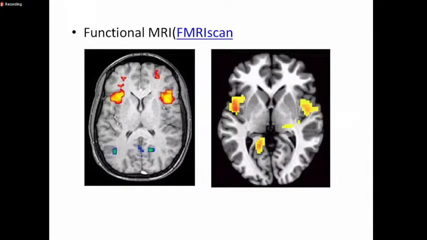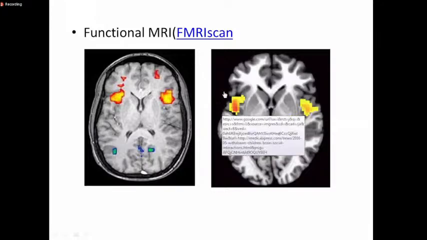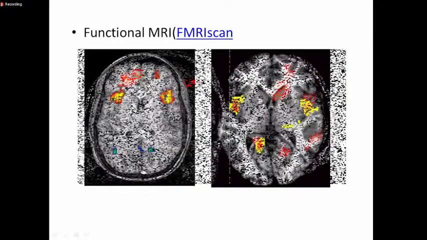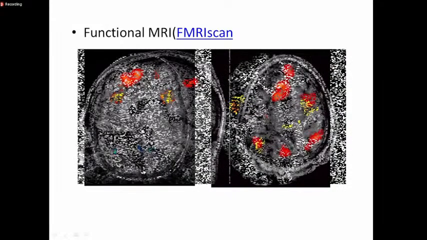So you can look at that on MR and see which area is active, either during a convulsion or during whatever other process, and say, yes, this is the focus. And that can be done. Same thing here, you can see that.